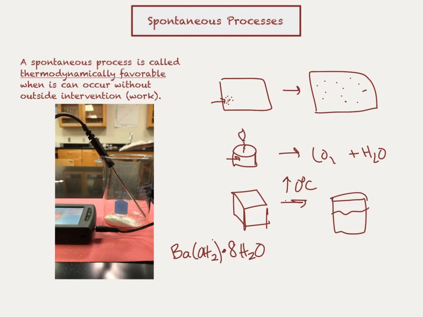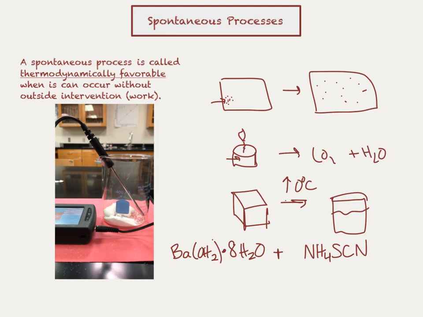And all of those waters are in their solid form inside of that crystal. And then I'm also adding in a whole bunch of ammonium thiocyanate, also in its solid form.